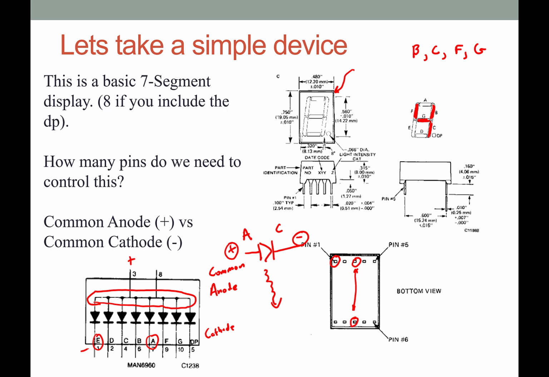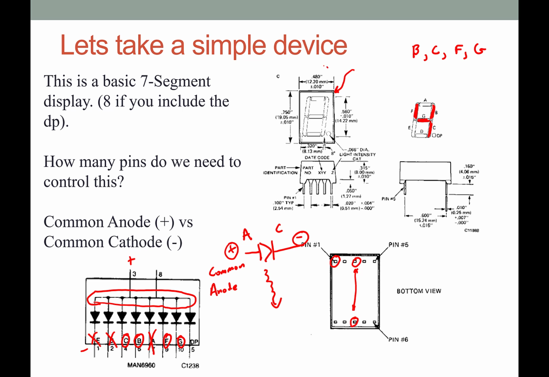We would want to put a positive voltage there, and we would want to have the ability to make sure that we turn B, C, F, and G on, but somehow we don't want A, D, and E on, and of course not the decimal point.